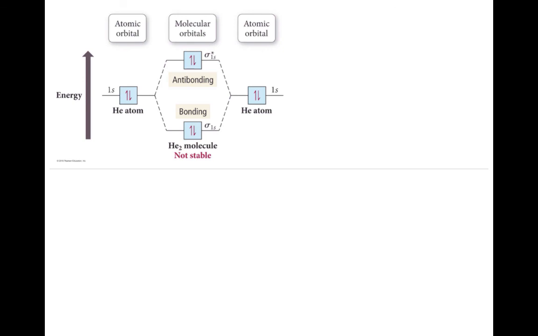So we have a bond and an anti-bond both formed, and anytime you have that, you're essentially going to cancel out any bonding properties. If we do our bond order calculation here, BO is equal to 2 in the bonding minus 2 in the anti-bonding over 2, so we have 0 over 2, and we get a bond order of 0. And as molecular orbital theory predicts, He2 does not exist.